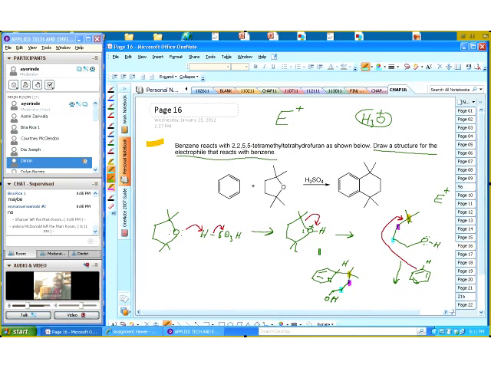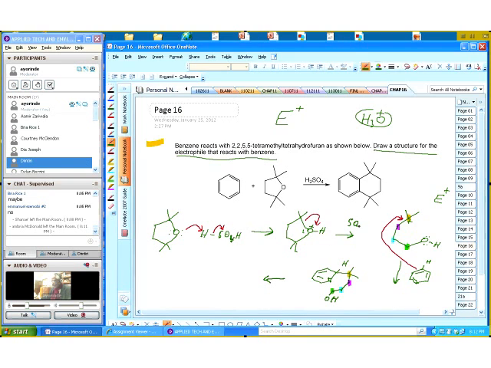Okay, I think I'm running out of highlighter. So yes, this carbon here is this carbon. Okay, so you now form that. And once you form that, what do you now have? Keep in mind that when we did this, we also formed HSO4, because that's the sulfuric acid that we use.